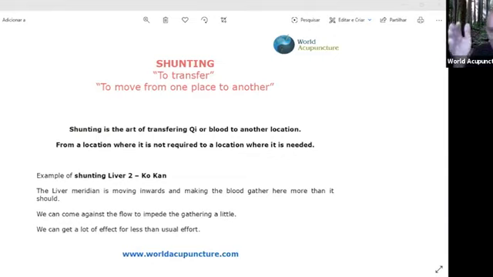So let's use the stomach meridian again, the leg yang ming meridian. In this case, we're moving the yang energy, which is sitting on the surface, and taking that down to a yin level. We can also bring the yin energy up to a yang level.